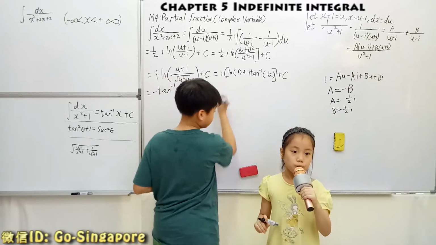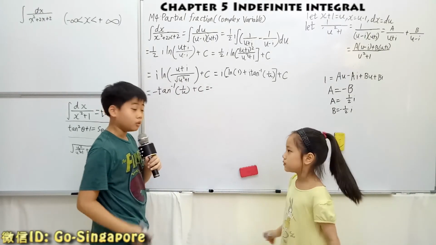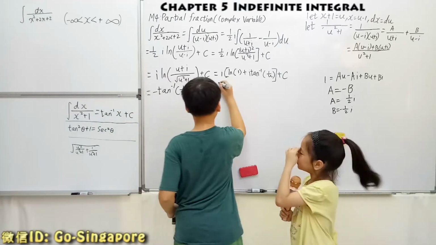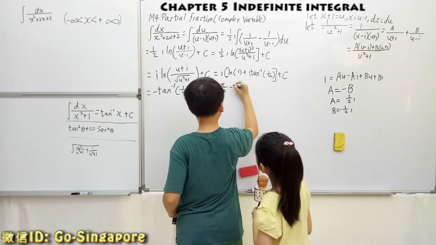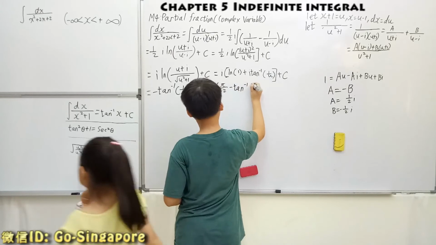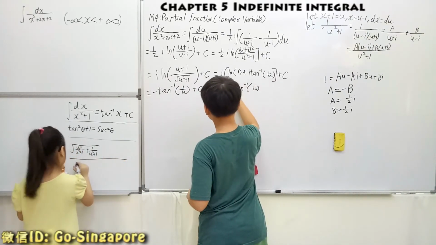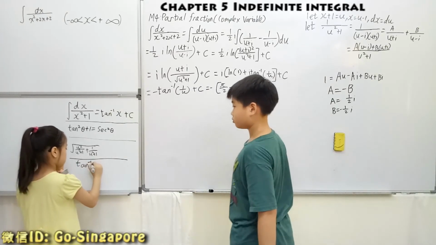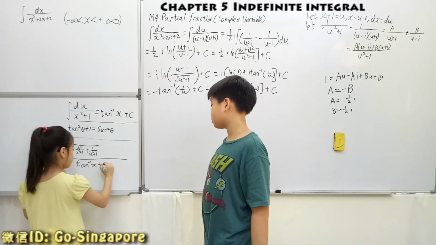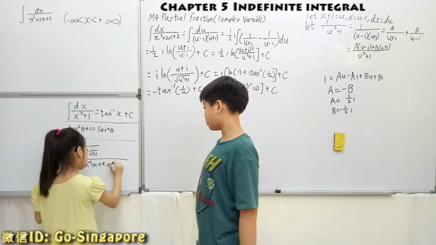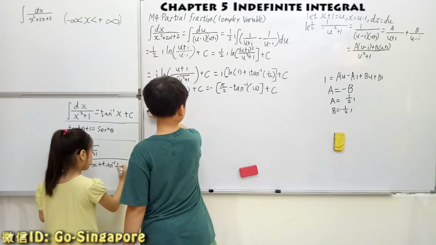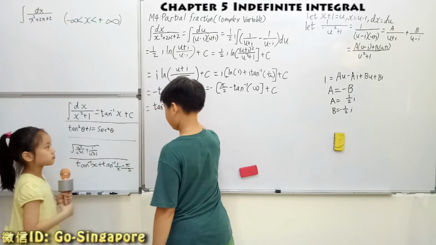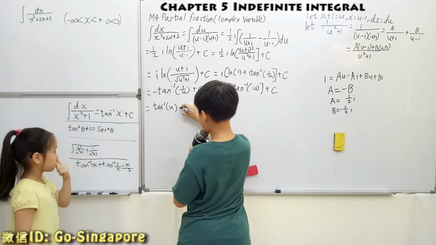And now, because we just now subbed in, so now we sub back, right? Wait, but what about the trigonometric identity? Oh, yep. So the trigonometric identity is... Okay, yes.